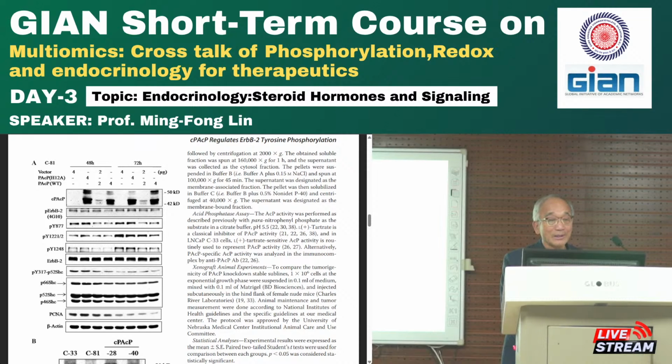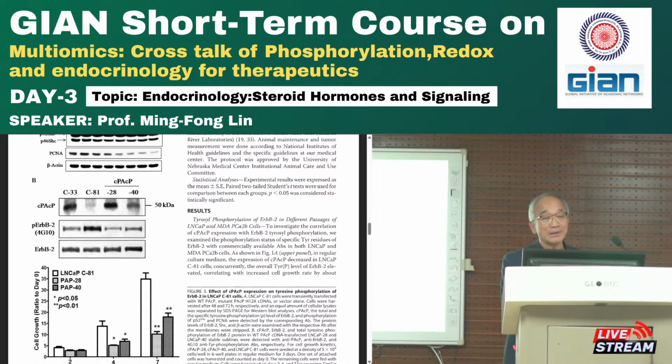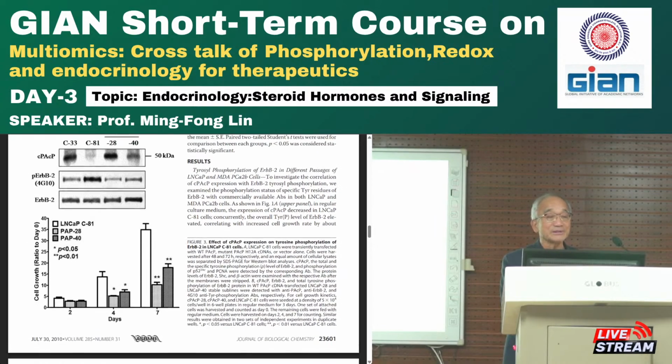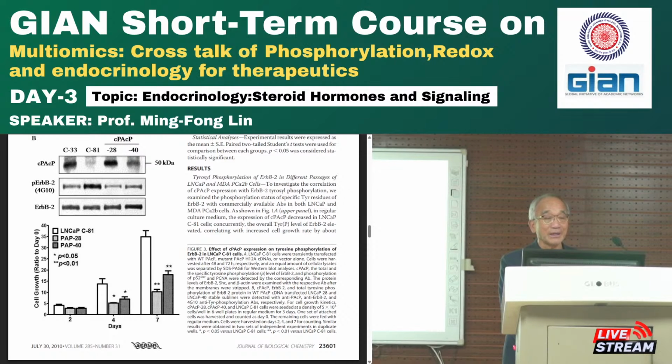So overall, we either knock down the phosphatase or overexpress it. Here the phosphatase is expressed by cDNA. When PAP is expressed, the phosphorylation goes down. This is a control cell.